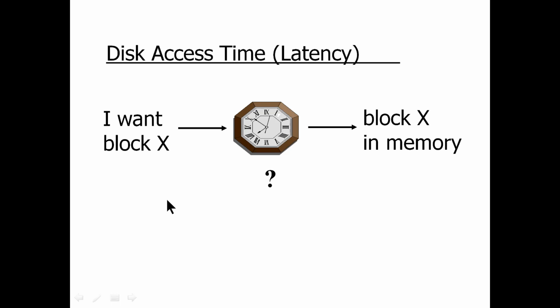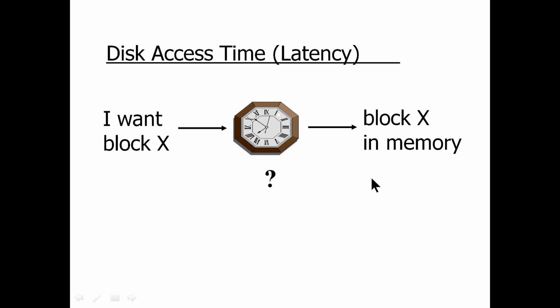The lower the access time, the faster the access, and the more expensive it is. So latency is very important. Latency answers this question: I want block X, and block X is not in memory. How much time does it take to transfer block X into memory? That is the latency.